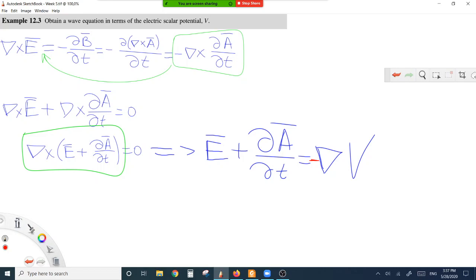Don't forget about this minus. So we may write the electric field intensity as minus dA over dt minus the gradient of V.